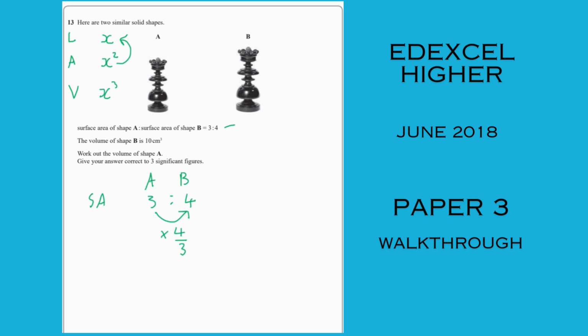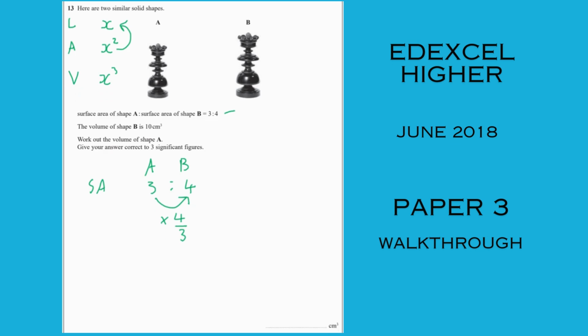So we have our area multiplier. What we don't have is our volume multiplier. So we need to work backwards. Take your area multiplier, go back to linear. You square root it. So the square root of 4/3 is your linear scale factor.